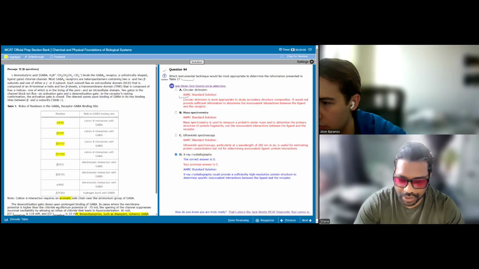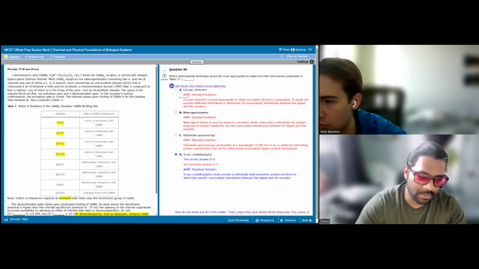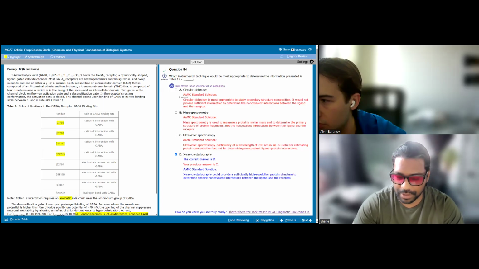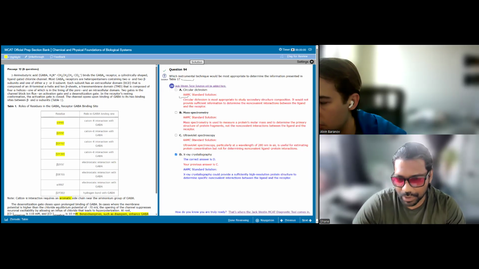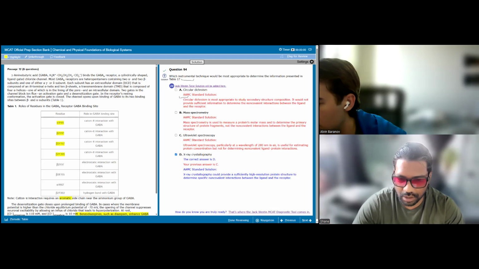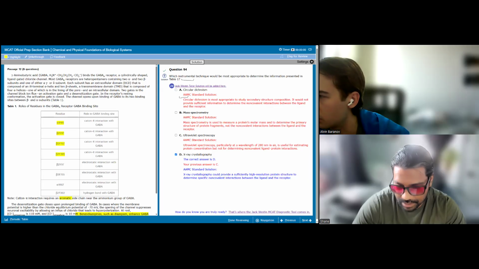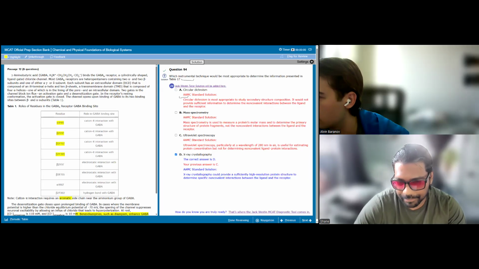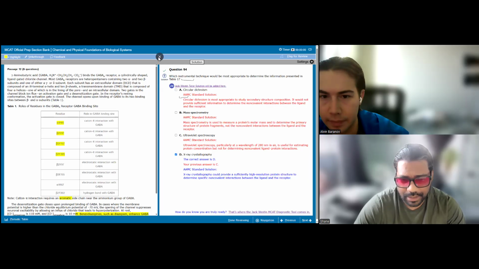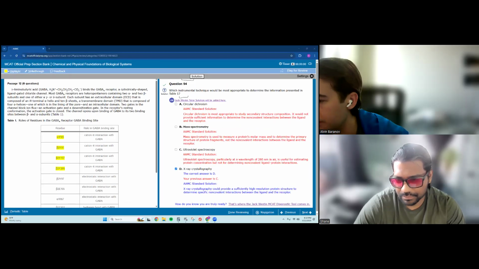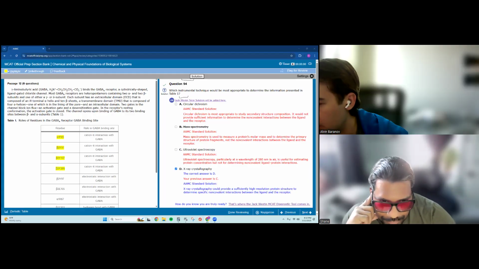But if you say just tertiary, then it seems like it would not include other things that are 3D. But yeah, to get a three-dimensional structure of a crystal, I guess, of a solid. And circular.